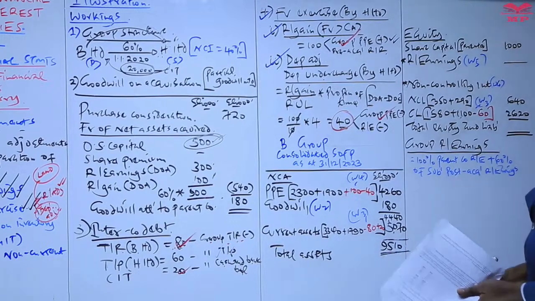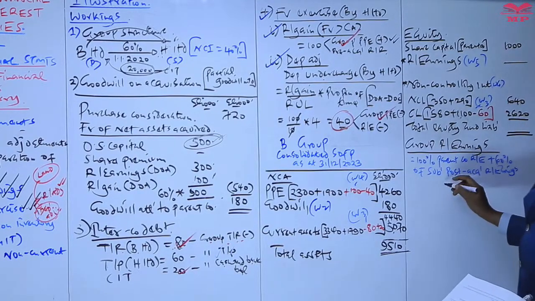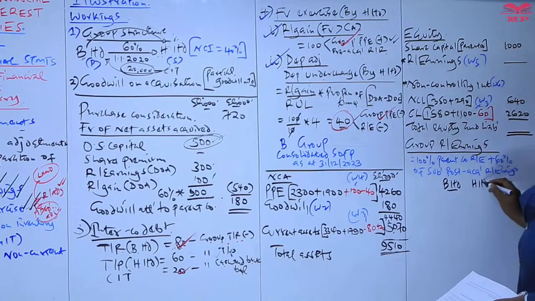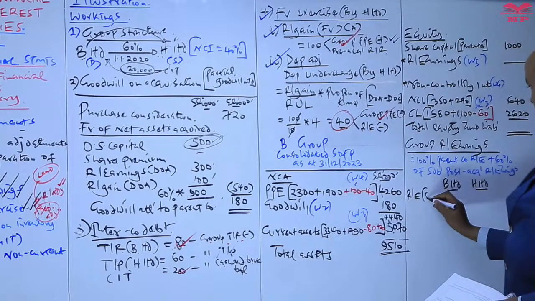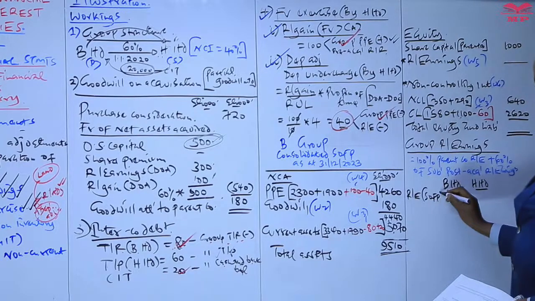So we need to have that working here, whereby we need to have two columns, for the parent B and for the subsidiary H. So what we do is that we take the retained earnings as given in the statement of financial position.